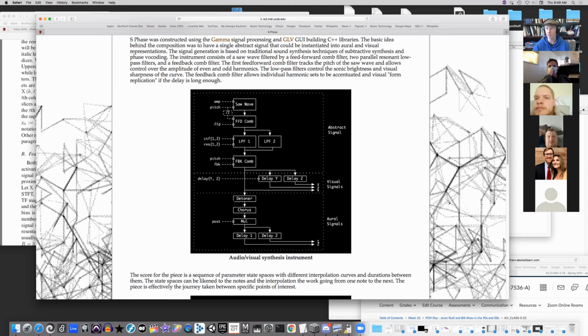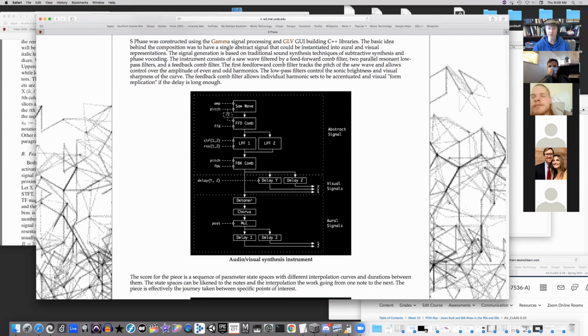That's the detoning part, which is interesting. And does some chorusing, multiplier, a couple delays, sends it out. So there it is. That's all of it right there. And then it's just a parameter space manipulation. I hope that makes sense. I hope I understand that correctly. We could try to build it and see if we get similar results.